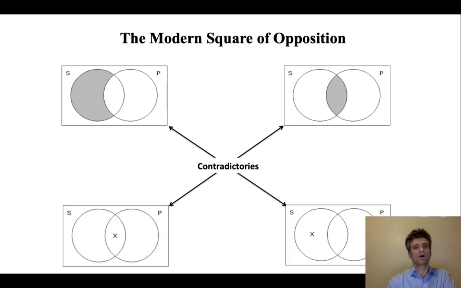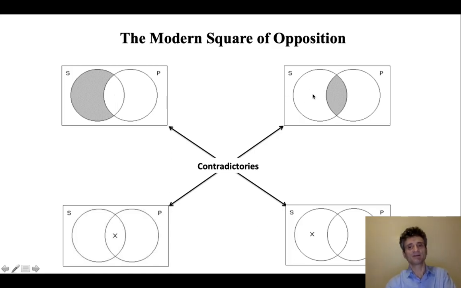So once again, all shoplifters are prosecuted. What do I need to do in order to make this statement true? I need to avoid an existential assumption, because the existential assumption would say that there exist shoplifters inside here, okay?